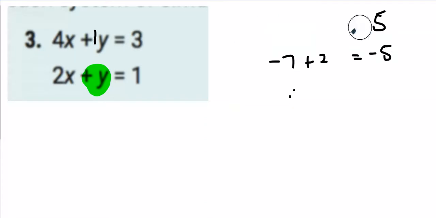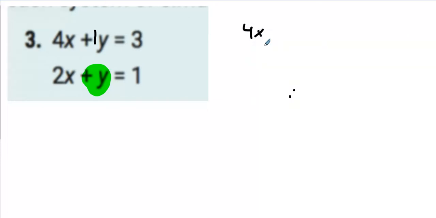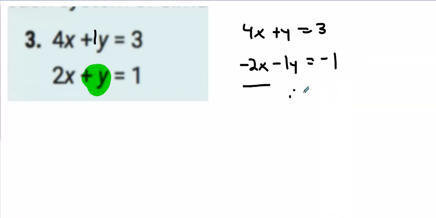Exactly. So that's exactly what we're going to do here. We're going to get the 2x plus y, and we're going to multiply across by minus 1. So what do we get? Minus 2x, minus 1y, minus 1. Now add downwards like I asked you earlier. 4x, take 2x.